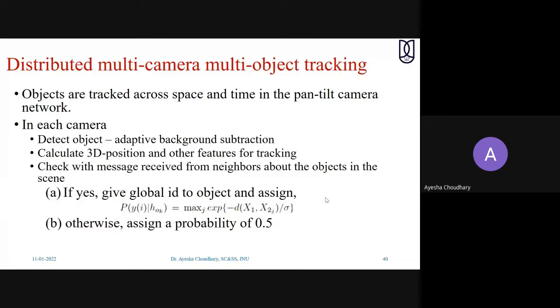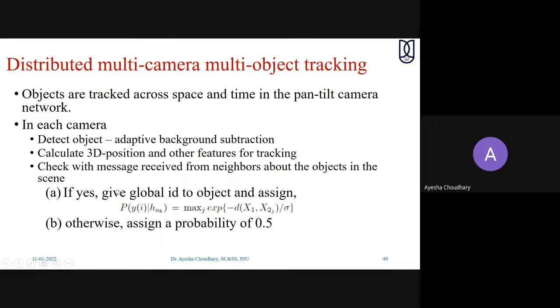Okay, let me not go too much into technical details, but since the camera remains static for a certain time period, we use background subtraction to detect the object, and then we have a calibrated camera so we can find the 3D position and track the object based on many features of the object that is seen, detected. Right? And then we check the message received from neighbors about the object to give it a global identity, right?